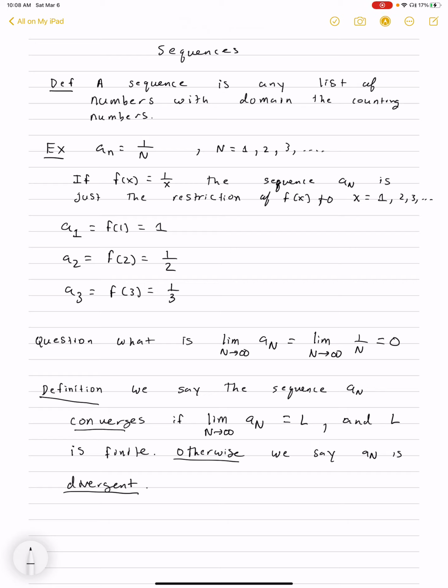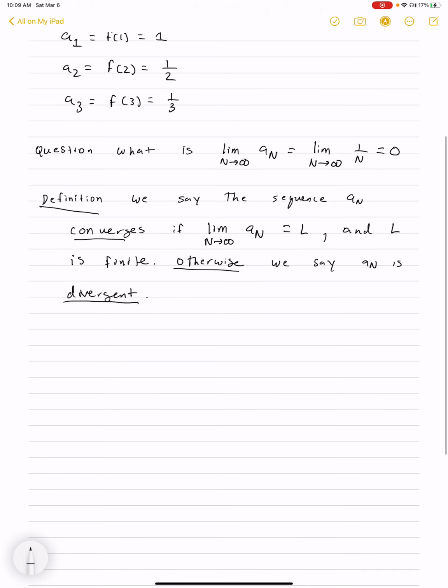Now, I want to go over a few more examples of sequences, but here are a few properties of sequences. It's just important that I write down this list so that you know that you can use it, but I'm not going to discuss too many of these abstract properties.